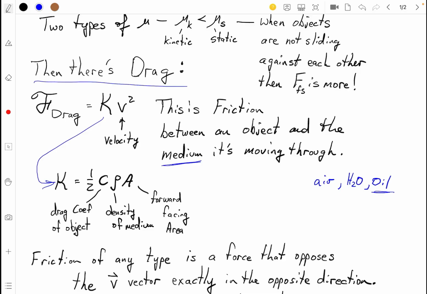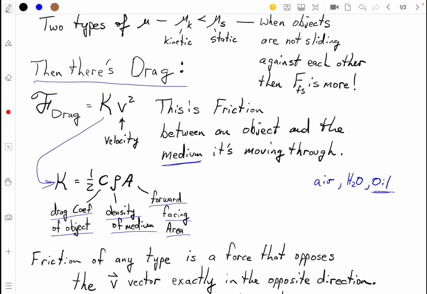For some reason, I can remember that because I remember cover your butt, cover your C rho A, and it works for me. So we have the drag coefficient, that's C, that's of the object. We have rho, the density of the medium. And then we have A, which is our forward-facing area.